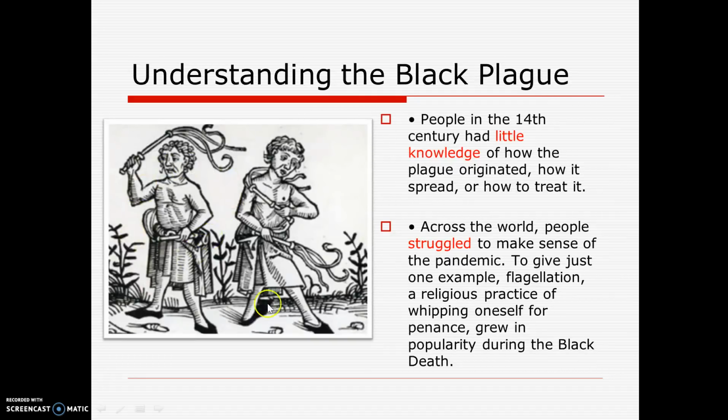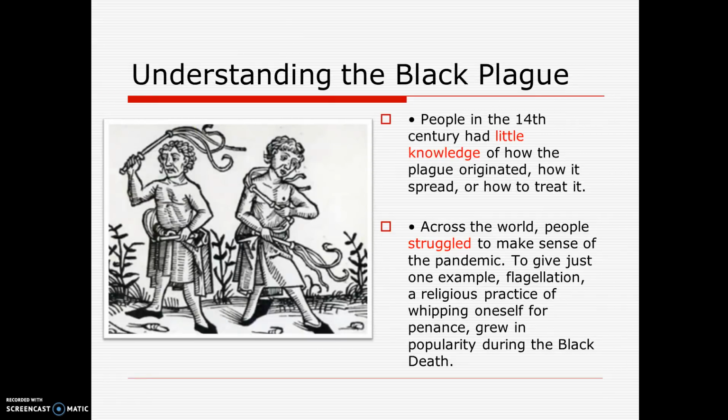So if you look at the picture here, and they mention it in the video you watch for your warm-up, these people are flogging themselves, which is where you take a whip that has leather, or I think you can use other materials, and you basically whip it on your back, and it cuts your back, and it causes you to bleed terribly.